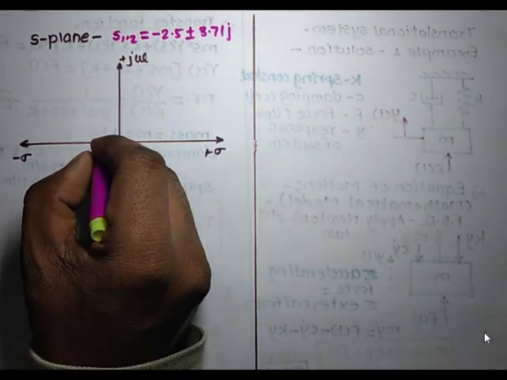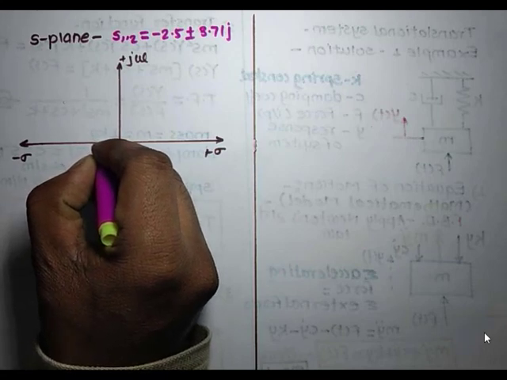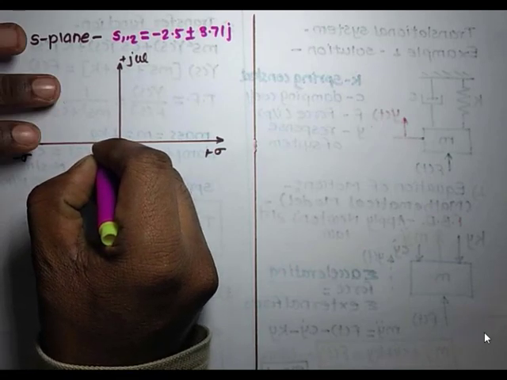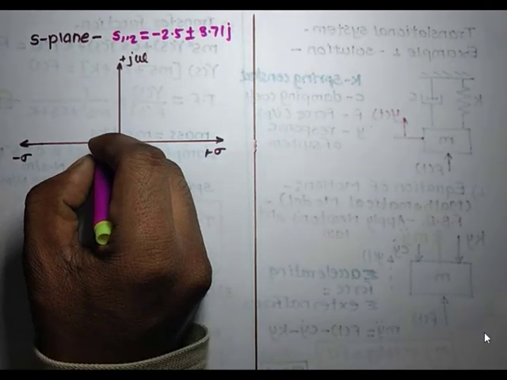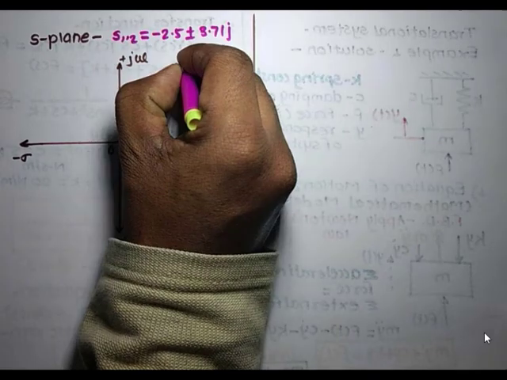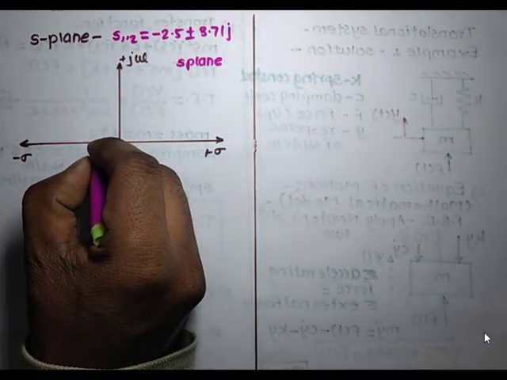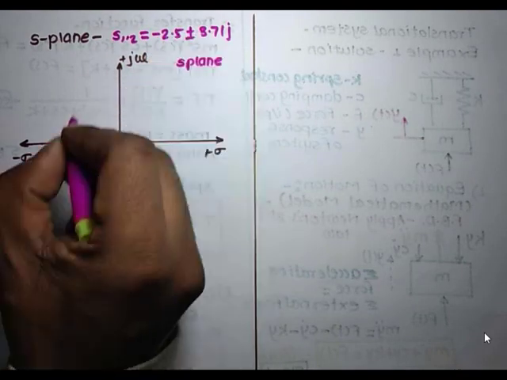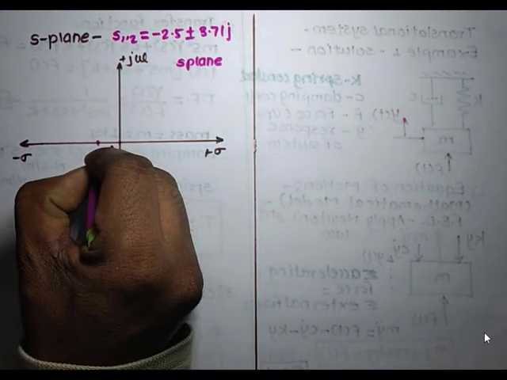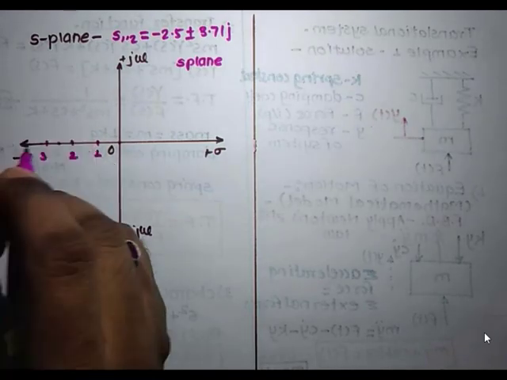For that we will just divide approximately, because we only have to ensure whether the system is stable or not. So we are not going to use any scale over here to locate the poles on the S-plane. So this is the S-plane. Let us divide this: it's minus 2.5, so it's 1, 2, 3, that means somewhere here it is.